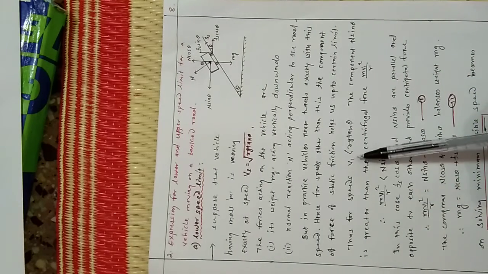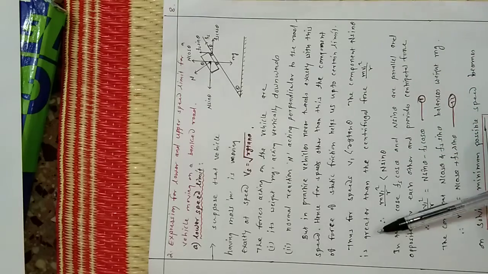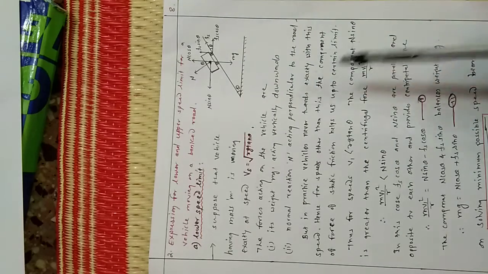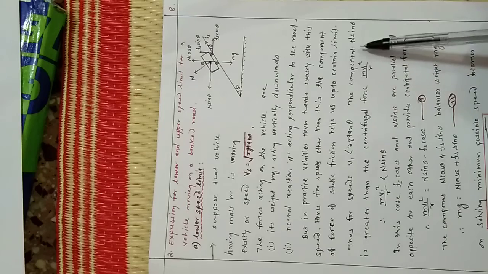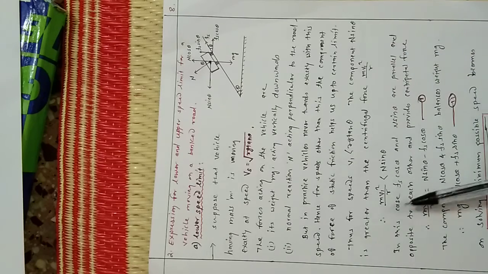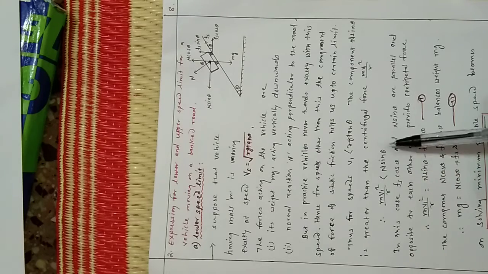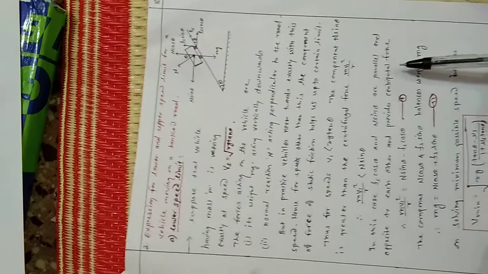Thus, for speeds v1 less than under root rg tan theta, the component n sin theta is greater than the centrifugal force. Our centrifugal force is m v1 square by r, so the mathematical part becomes m v1 square by r less than n sin theta. In this case, fs cos theta and n sin theta are parallel and opposite to each other and provide the centripetal force.